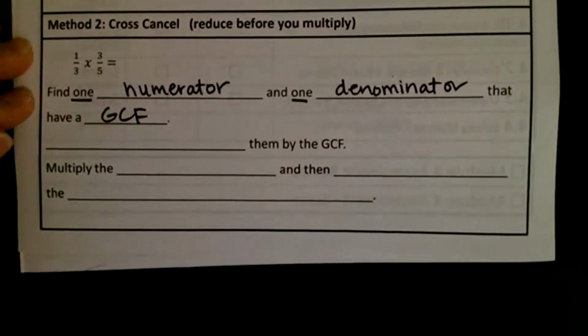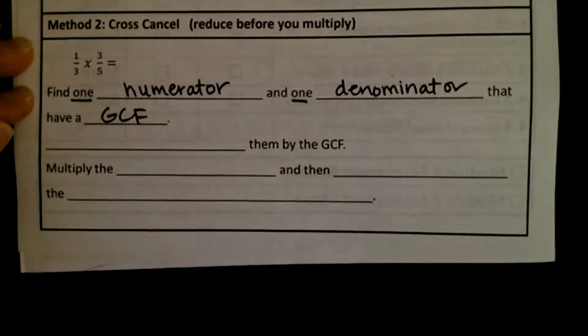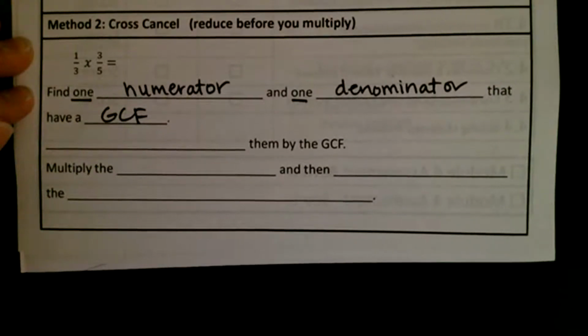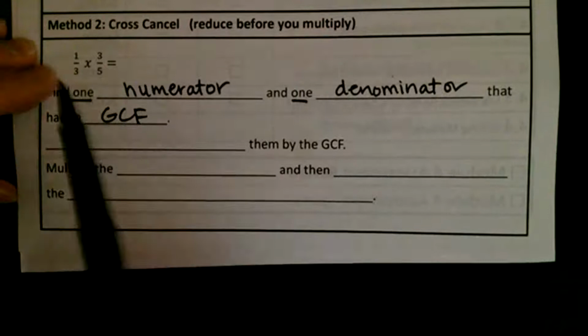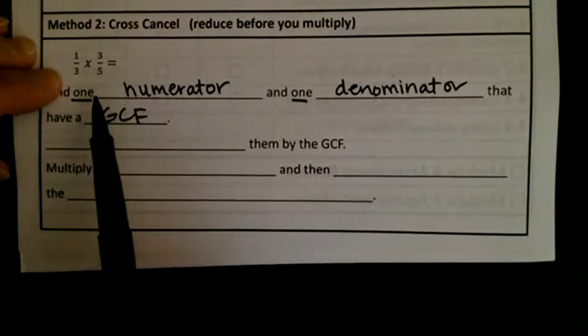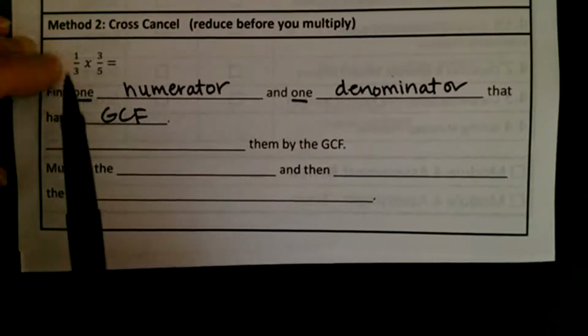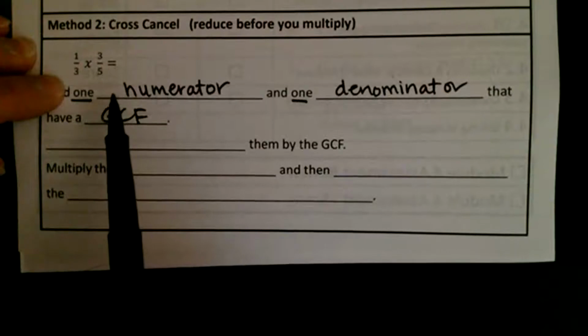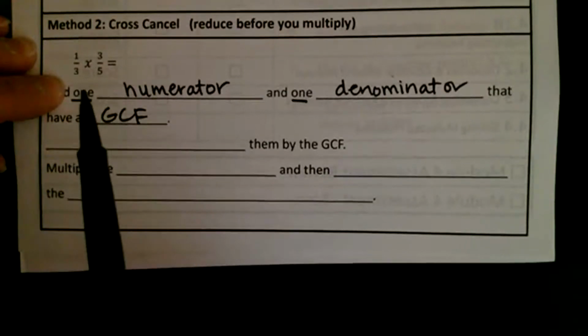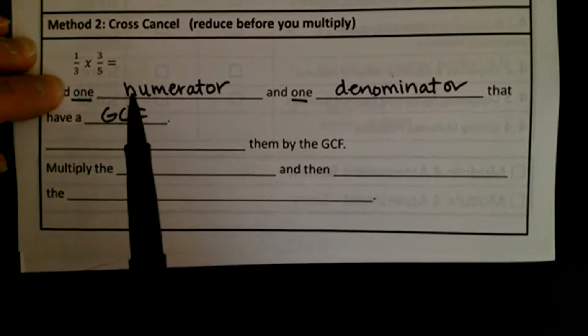Now, when I say one numerator and one denominator, it doesn't matter which numerator, and it doesn't matter which denominator. It's just one of them. So they don't have to be in the same fraction, okay? So in this problem, these two factors, 1/3 times 3/5, remember factors are the numbers in a multiplication problem.